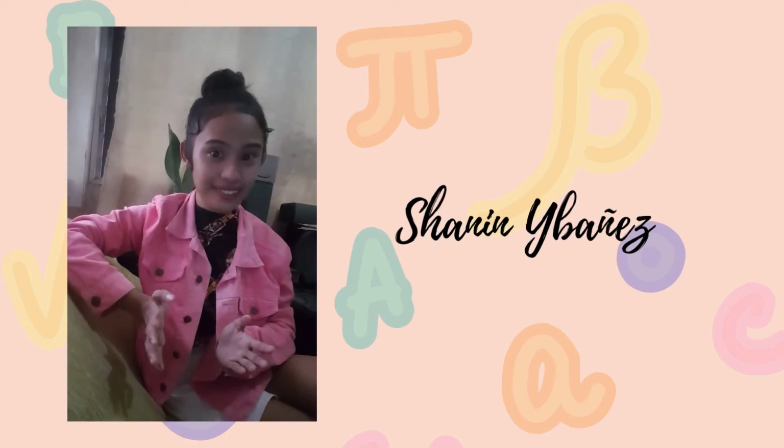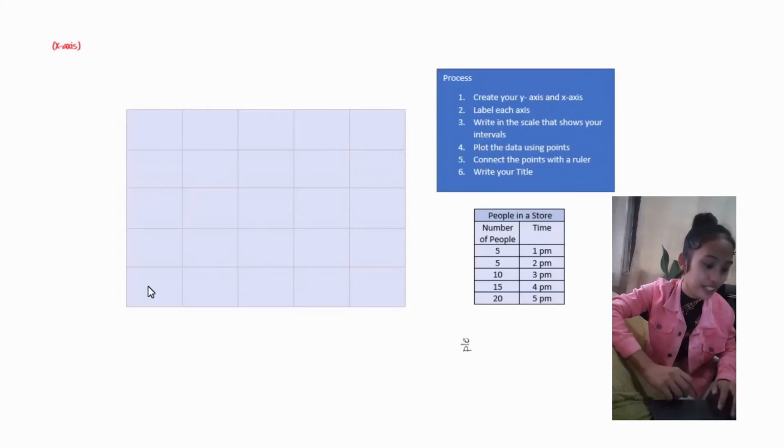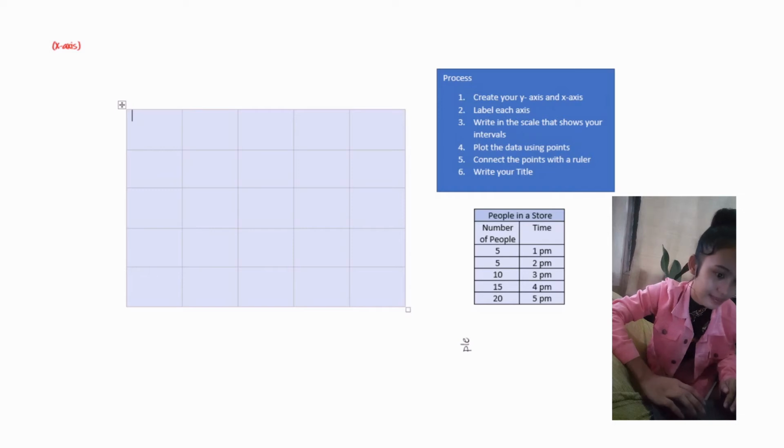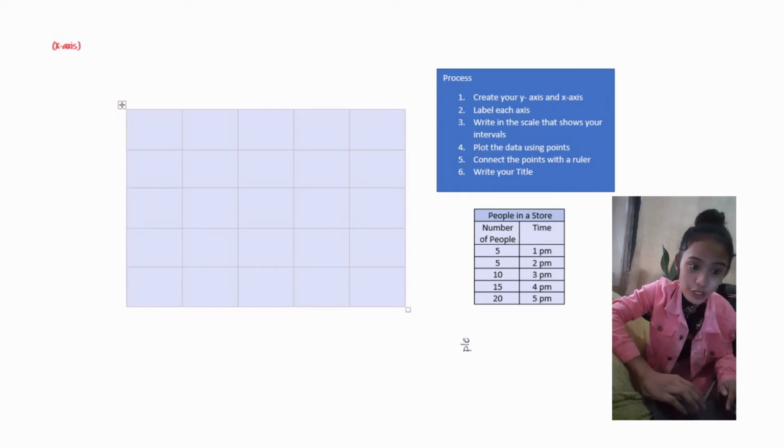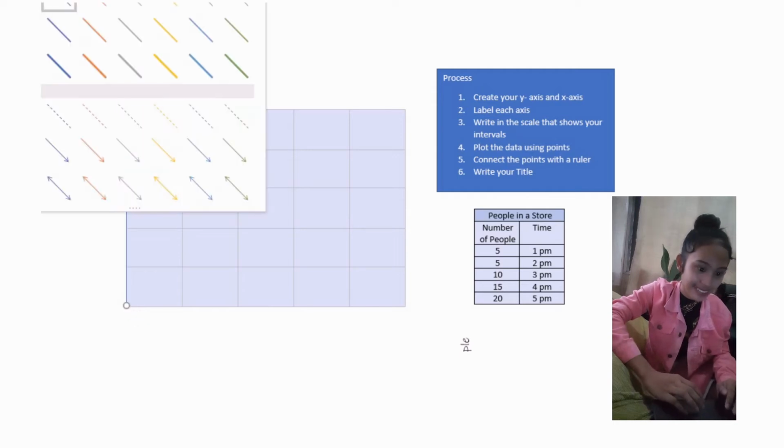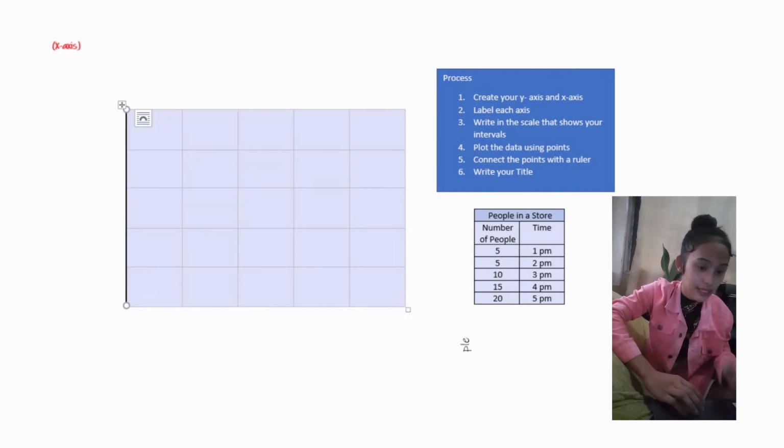So how can we create a broken line graph? First, you need to create your y and x axis. Go to Insert, Shapes, and get a line. Draw a vertical and horizontal line. Let's make it thick so it could be seen.